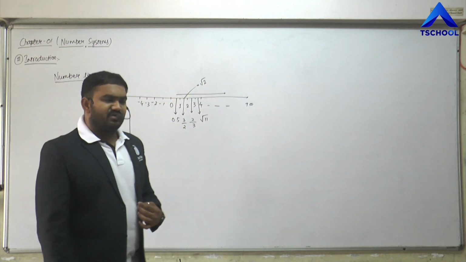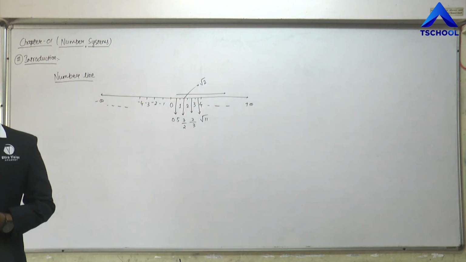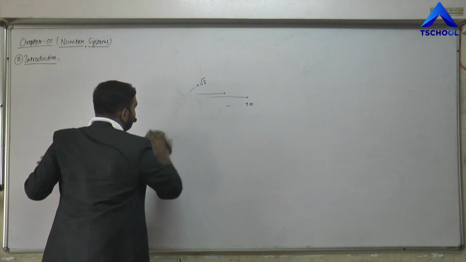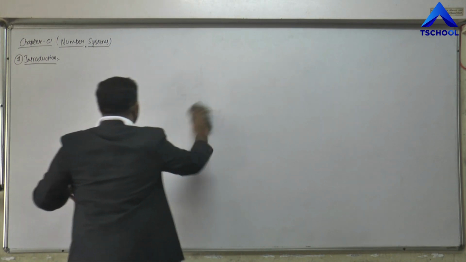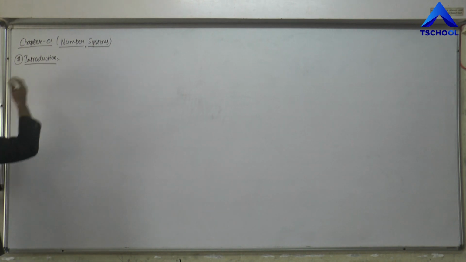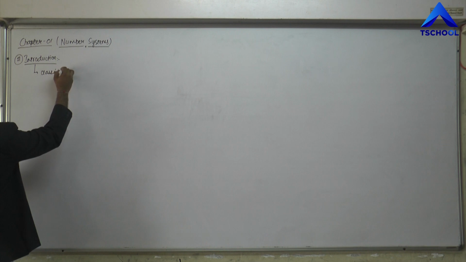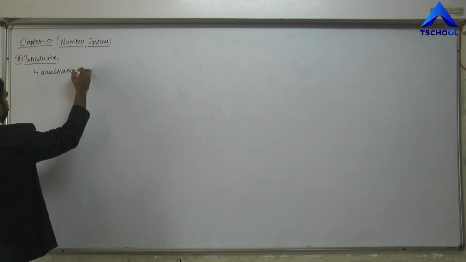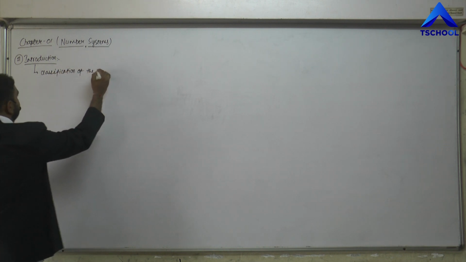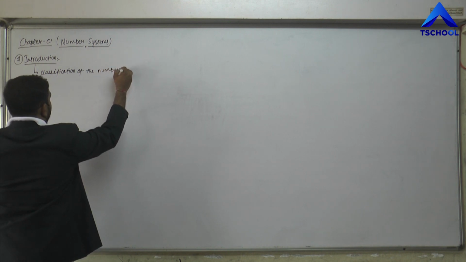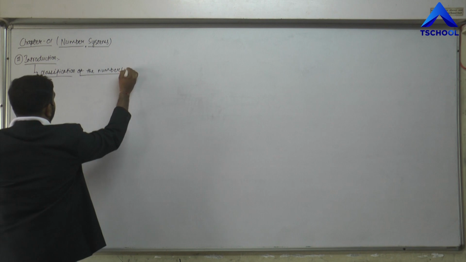Then we have rational numbers, irrational numbers and so on. So let us see the classification of the numbers, right? So this was briefly the introduction about the number system, which basically includes the classification of the numbers.